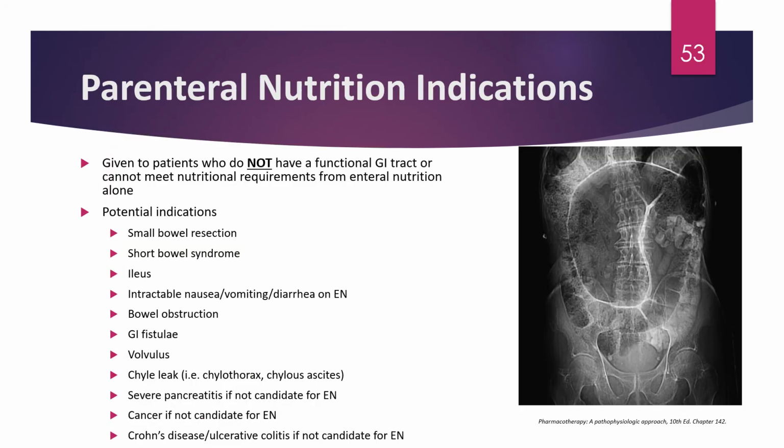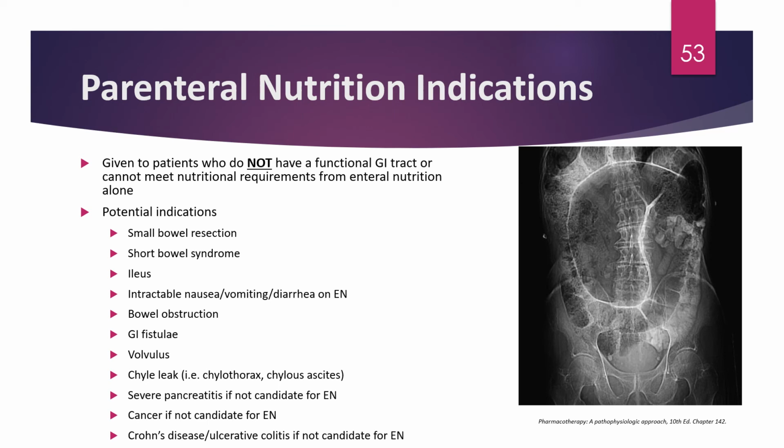What are our indications for parenteral nutrition? The main concept that I want you to understand from this slide, hint, hint, star, star, is that parenteral nutrition is typically given to patients who do not have a functional GI tract. That is the main indication for parenteral nutrition. There are some cases where we can only give a certain amount of nutrition with enteral nutrition that might not meet a patient's nutritional requirements.